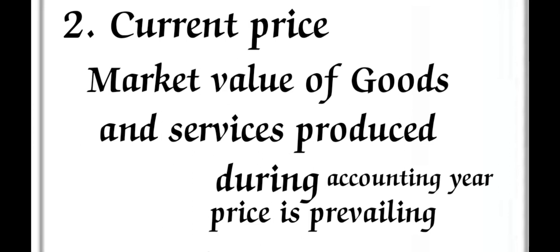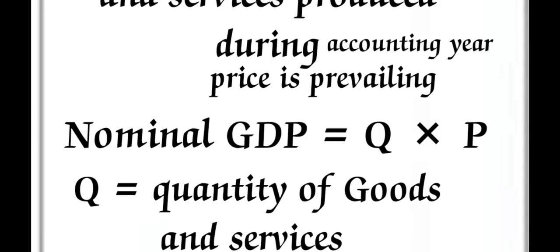These are known as current prices. The price prevailing at present is very important whenever we are calculating the GDP.